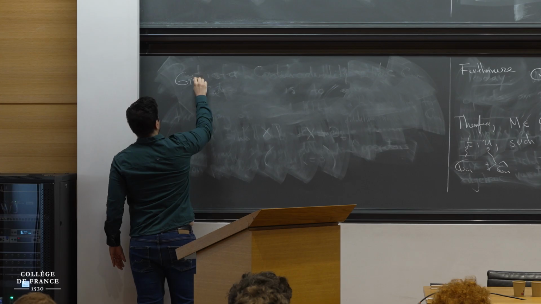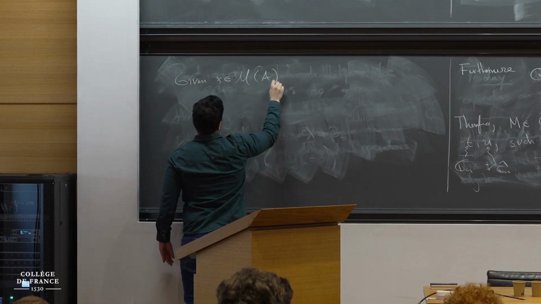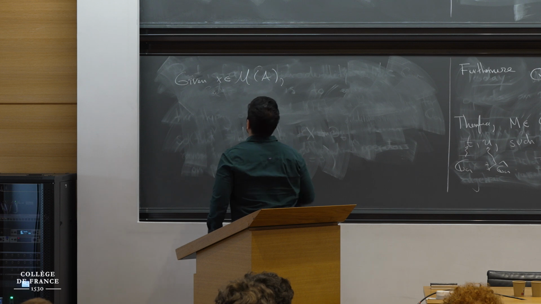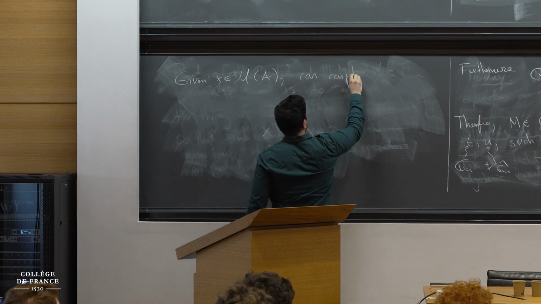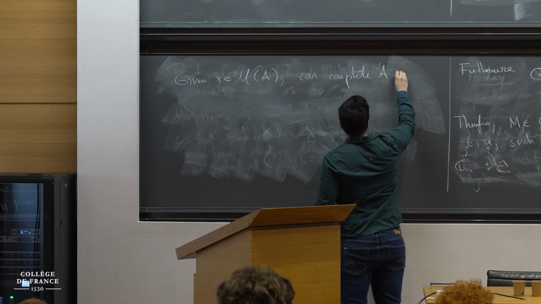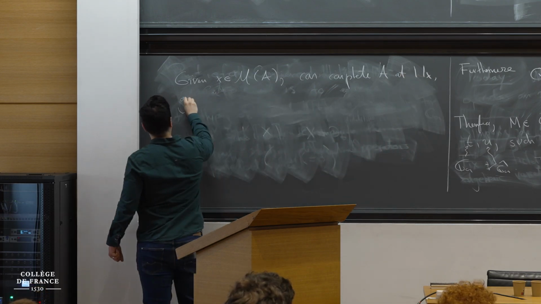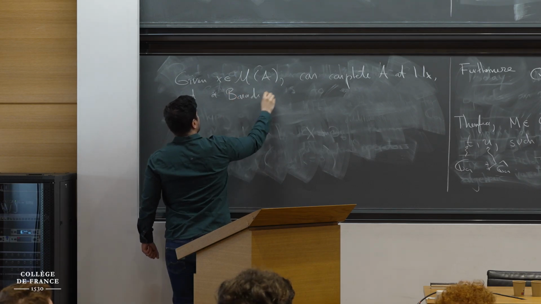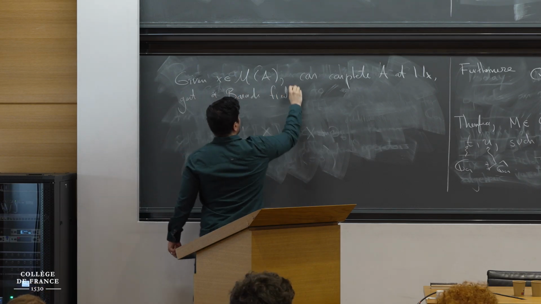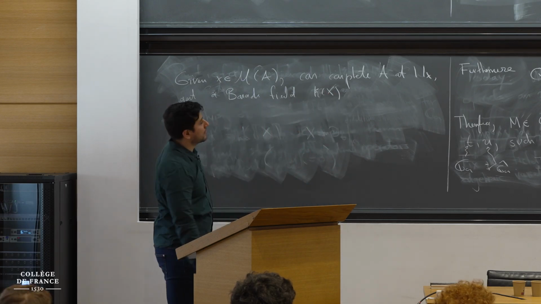So given a point x in the Berkovich spectrum that corresponds to one of these seminorms, we can complete A at this norm, and we get a Banach field K(x), with a multiplicative norm.